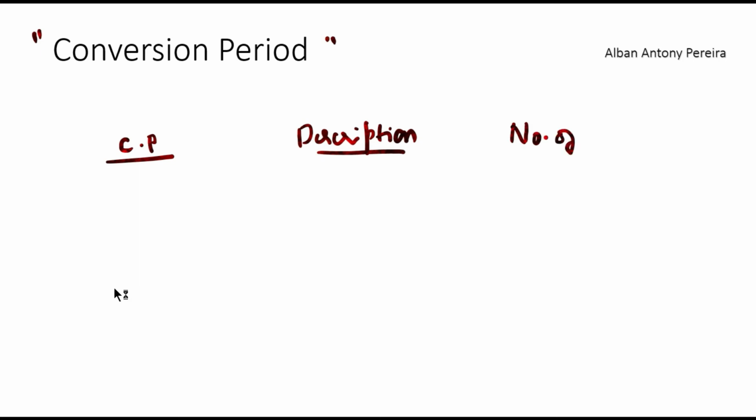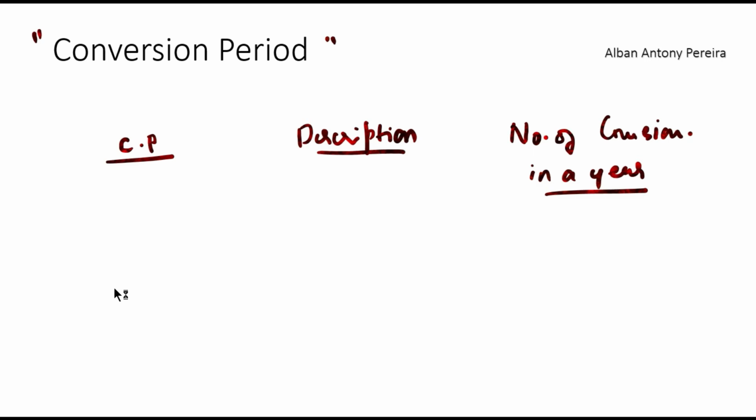If you just note this down, it will be easy for the further computations relating to the compound interest. So first, conversion period, I'll write it as CP. Next one is the description relating to the conversion period, and third one is number of conversions in a year.